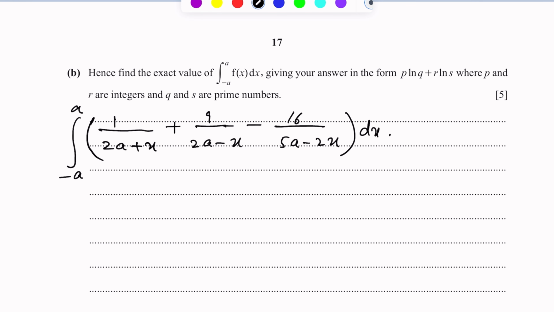With respect to x, we will integrate it. We will integrate each term or fraction separately.